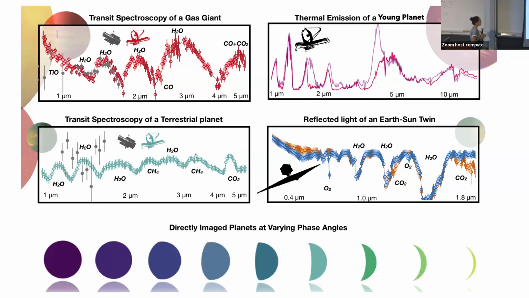Though today you're going to be focused on modeling transit spectroscopy of gas giants, PICASO has capability to model other things, other planets and other types of geometries. So everything from brown dwarfs, although that says young planets, directly imaged planets, terrestrial planets, and also planets in reflected light at different phases.